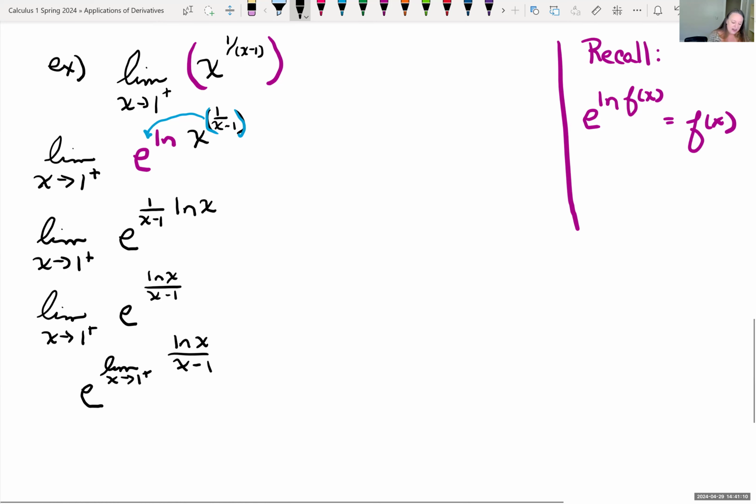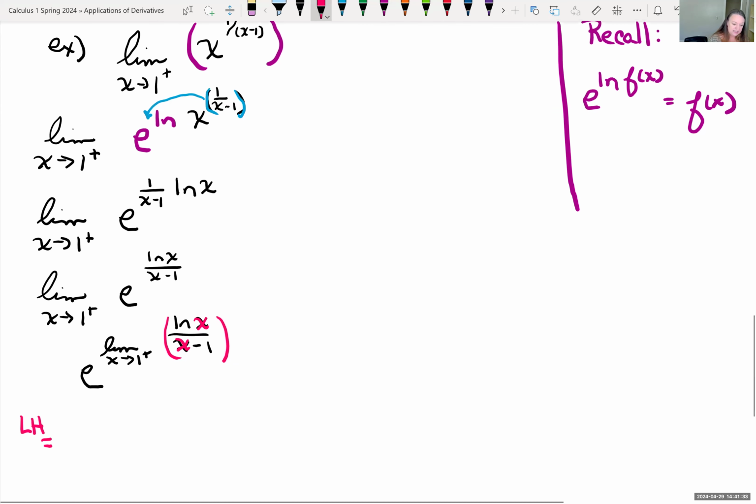Through here, notice that when we plug in 1 wherever we see an x, we're going to get 0 over 0 for that limit. And so I can go back and use L'Hopital's rule on that limit. So e is still there.